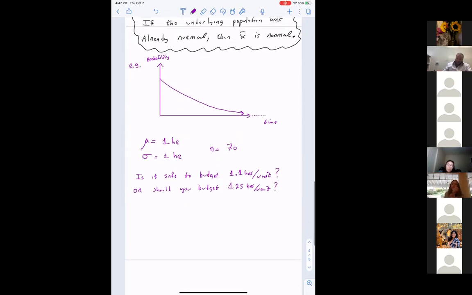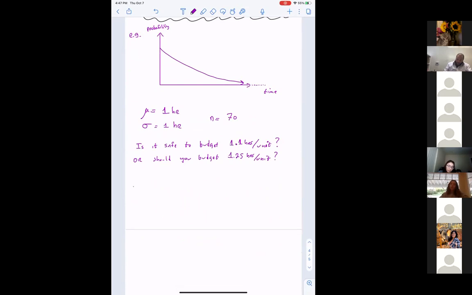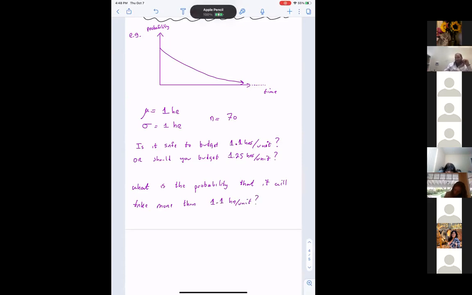So the question is, what is the probability that it will take more than 1.1 hours per unit? If there's a 50% chance it'll take more than 1.1 hours, should I budget more time?